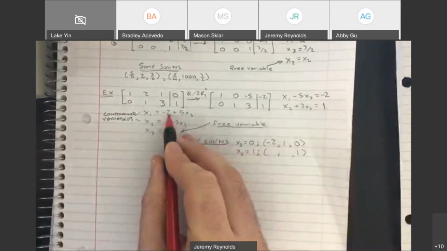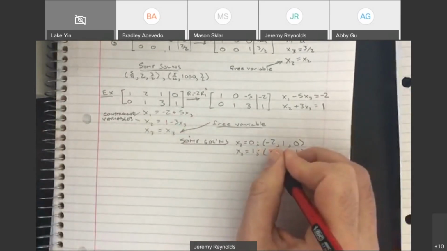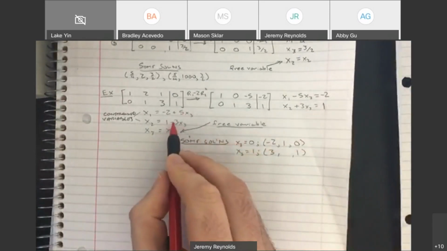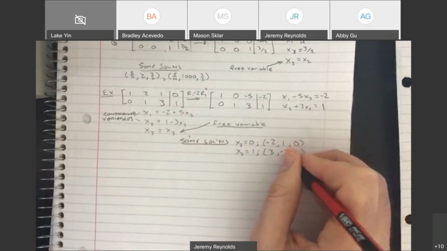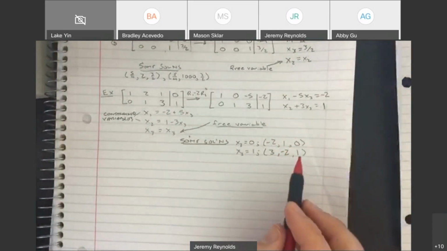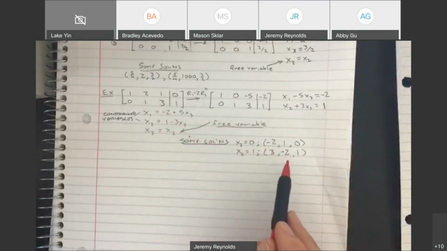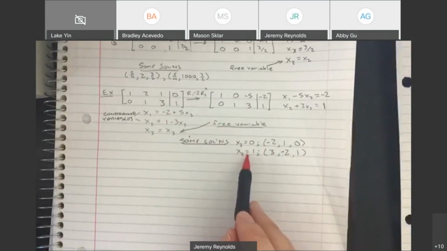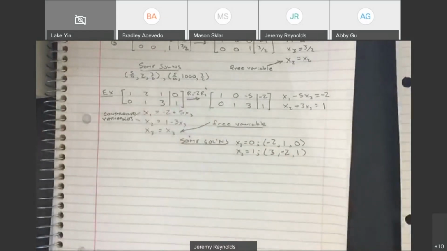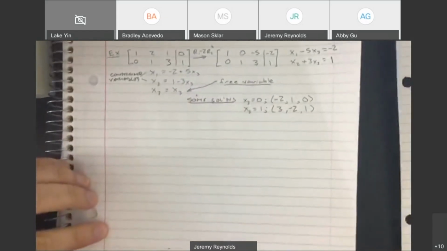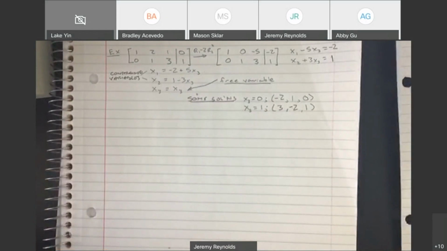Then we would have negative 2 plus 5 is 3, and 1 minus 3 is negative 2. So each of these is going to be a solution to this problem, and we can literally choose any value we want for x3, and it will still be a solution for this system of equations. So that's what happens when we have dependent variables in the end.